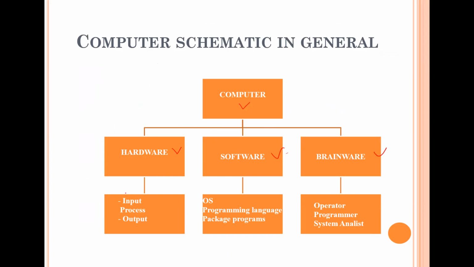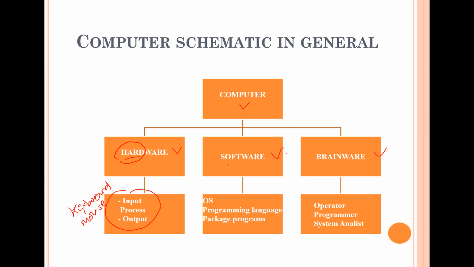For the hardware, it is the hard element of the computer that helps the process of input, process, and output. For example, we've got hardware such as keyboard, mouse, anything that is hardware, the hard part, the hard element.